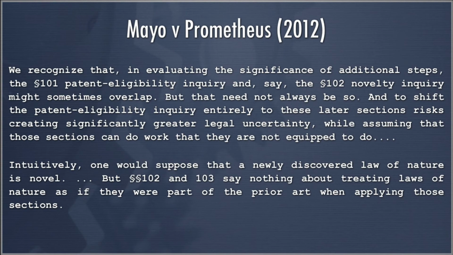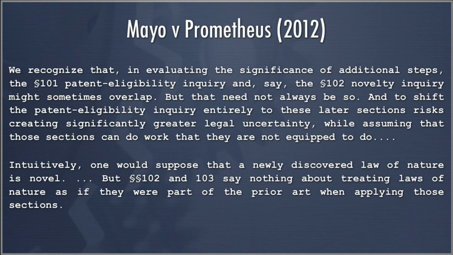And therefore, I think it would be relatively easy to use Section 102 and 103 as a mechanism for testing, right? And the benefit of doing that over Section 101 is that with Section 102 and 103, you actually have to identify what the information is that's treated as prior art and evaluate accordingly.